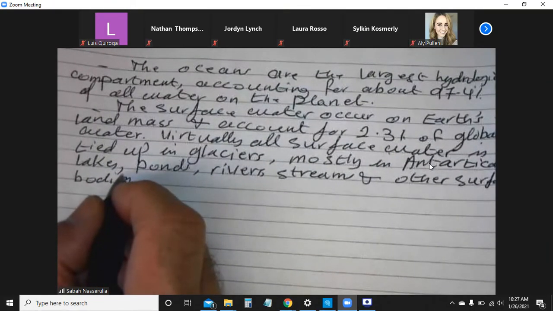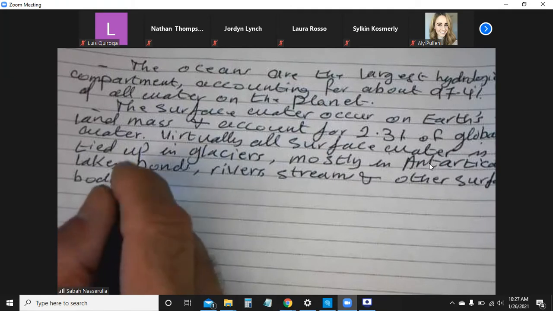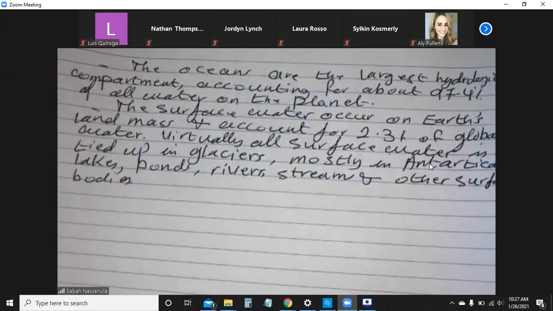All that is not that much compared to the whole planet. It all represents about 0.002%.